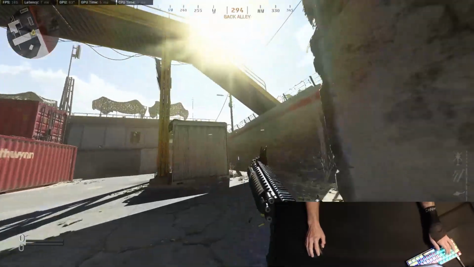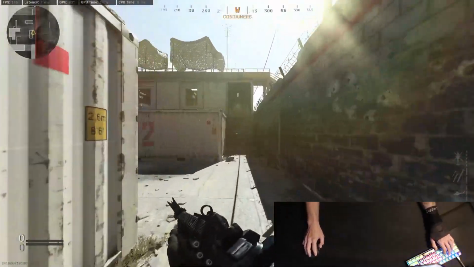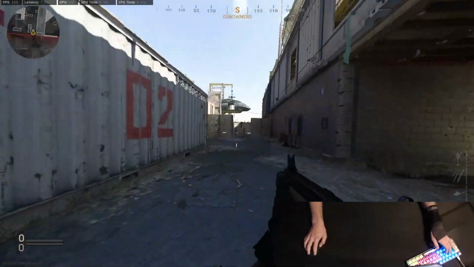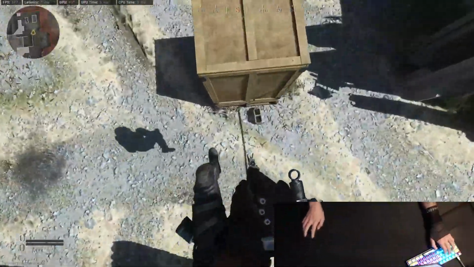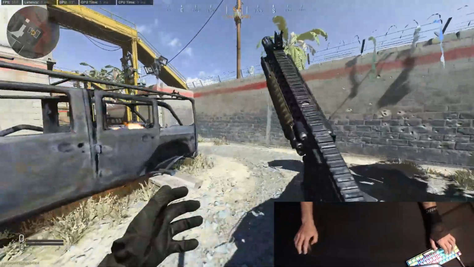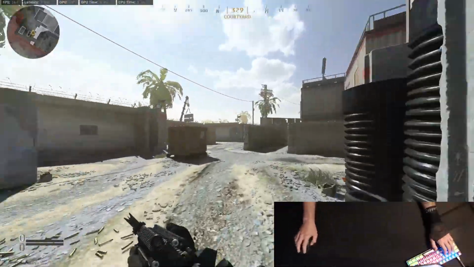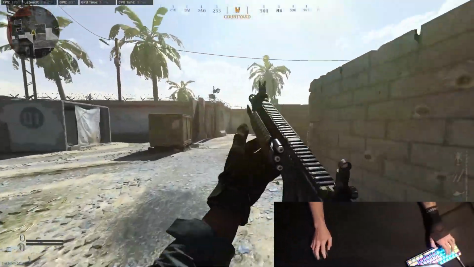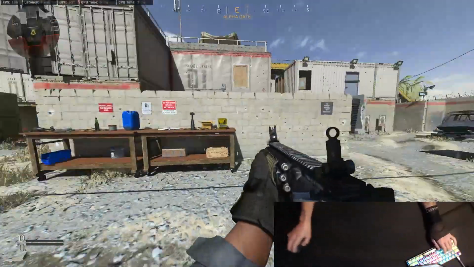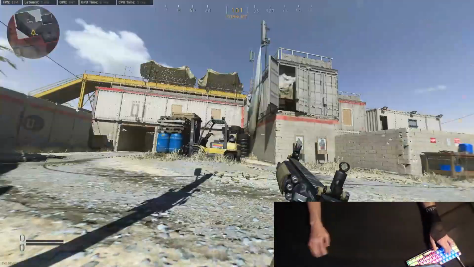But in like really close TDM games, you probably want to be able to acquire targets much faster, so you'd want to have a higher sensitivity. It all depends basically on the feel, how it feels to you. Do you feel like at a higher sensitivity you can still be accurate? Do you feel like at a lower sensitivity you can still move quickly and get out of the way of danger?